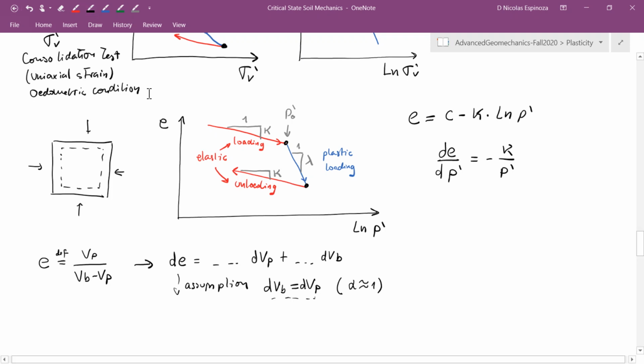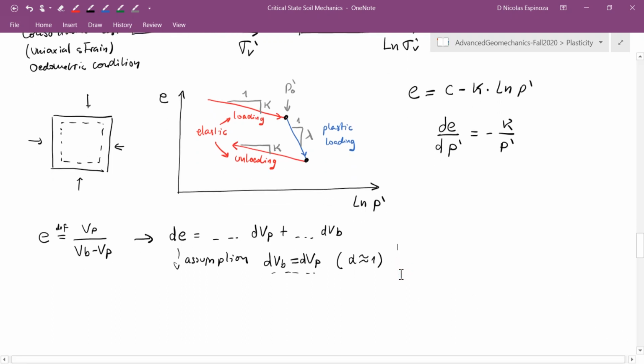Okay, taking into account this equation, then I can write now that any change in volumetric strain is going to be equal to a change in the bulk volume.